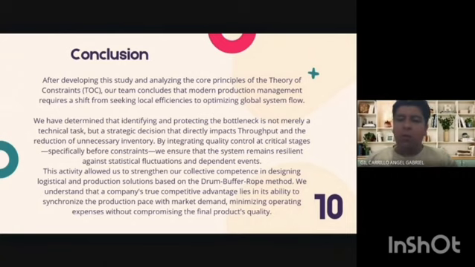In conclusion, a thorough competitive advantage is achieved by optimizing the global system rather than local efficiencies. By integrating preventive quality controls, we ensure a steady flow that meets market demand without compromising operating expense. Thank you.